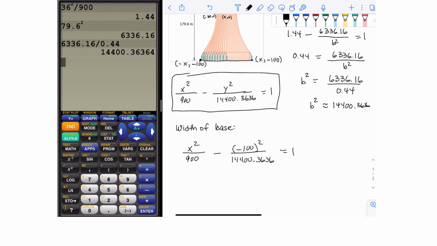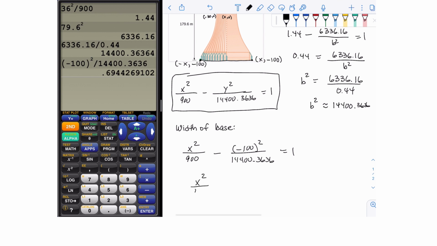I'm going to calculate negative 100 squared divided by 14,400.3636. So that's that number, approximately 0.6944. So we have x squared over 900 minus 0.6944 equals 1. We're going to add the 0.69 number to both sides, and then multiply both sides by 900 to find x squared.